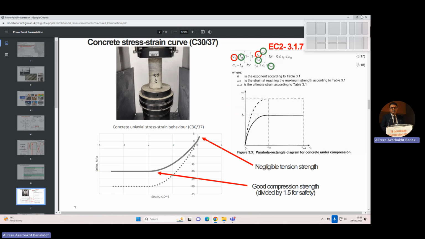It's a kind of normalized representation of the force and deformation. Sigma, epsilon. The Eurocode gives you the relationship between these two parameters as a formula. We want to draw this in a graph to see if it's what we expect.